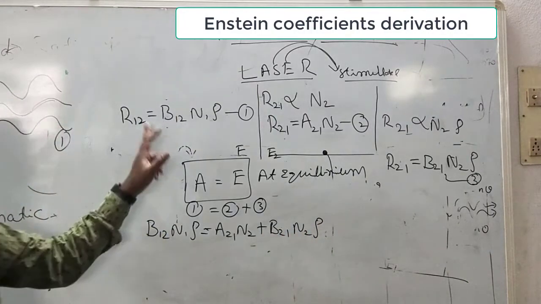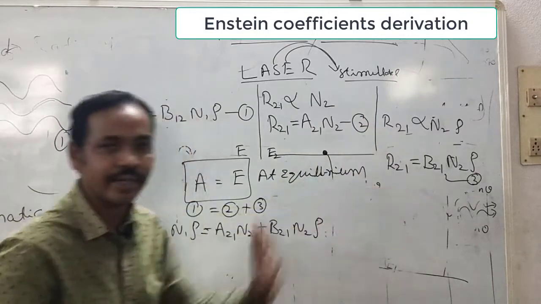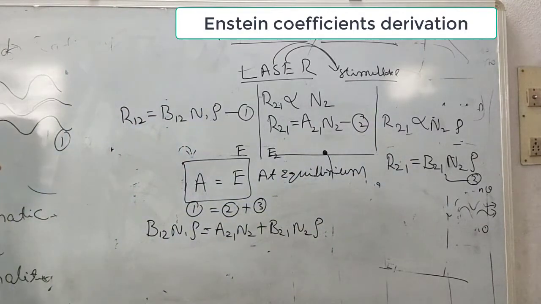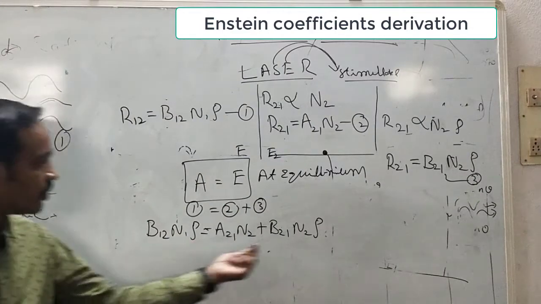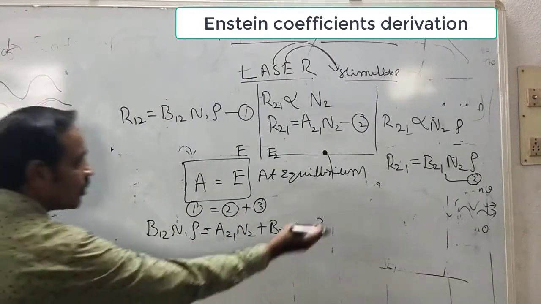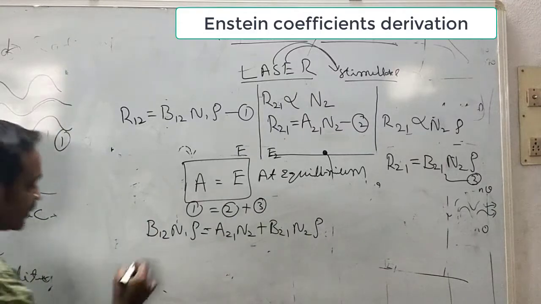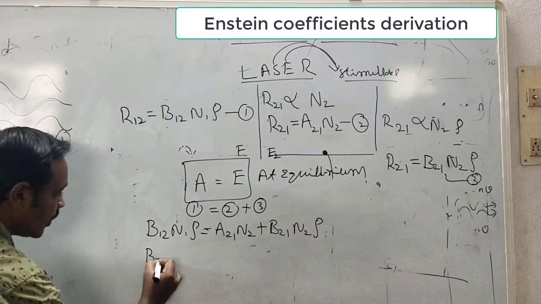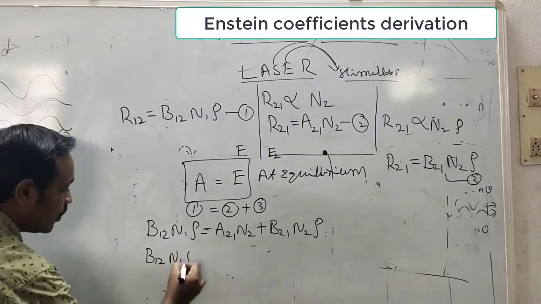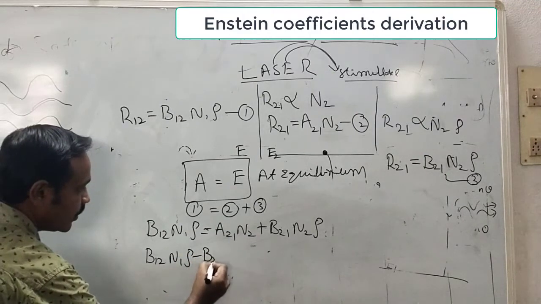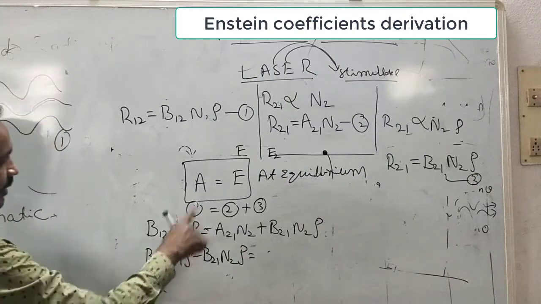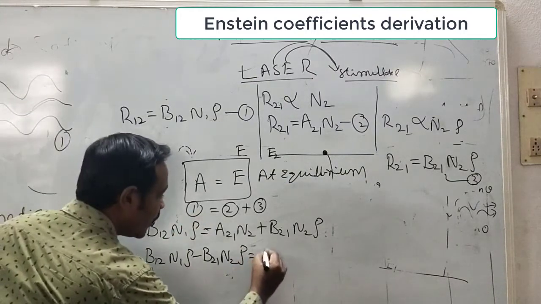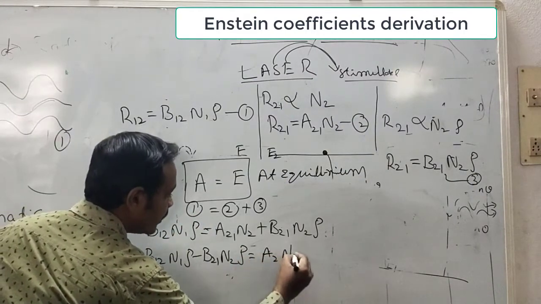Okay, I have equated equation number 1, equation number 2, and equation number 3. Then what is the common factor? Here it is rho. Now this total rho factor I will take out to the left side. Then we will get B12 N1 rho minus B21 N2 rho, and on the right side A21 into N2.